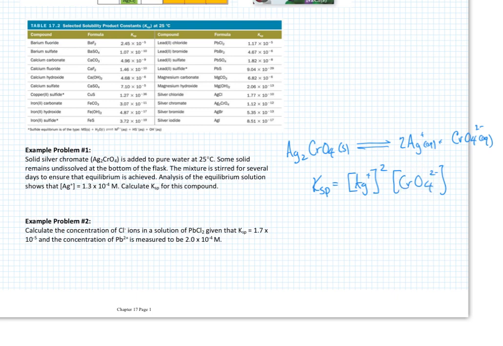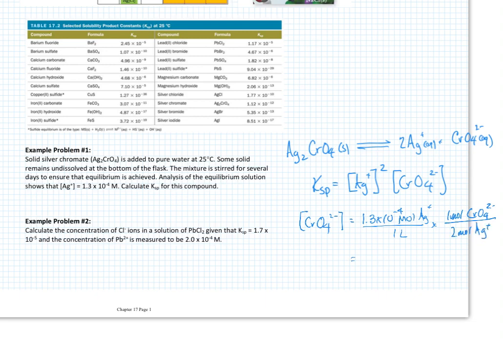So let's set up the problem then. The concentration of chromate ion, CrO4 2 minus, is going to be equal to the concentration of silver ions, which is 1.3 times 10 to the minus 4 molar, or maybe we should say moles Ag plus per every 1 liter of solution, times 1 mole CrO4 2 minus for every 2 moles Ag plus.